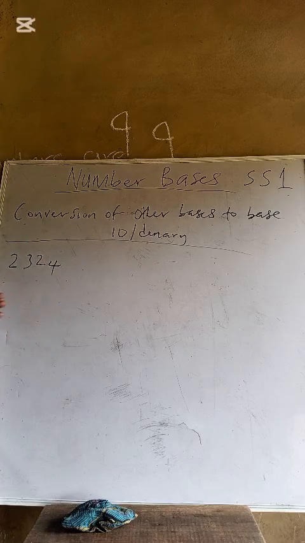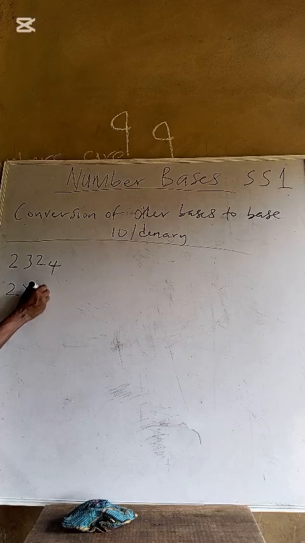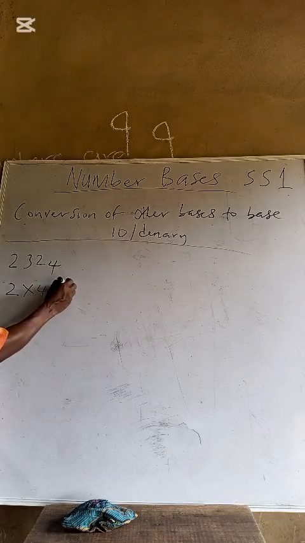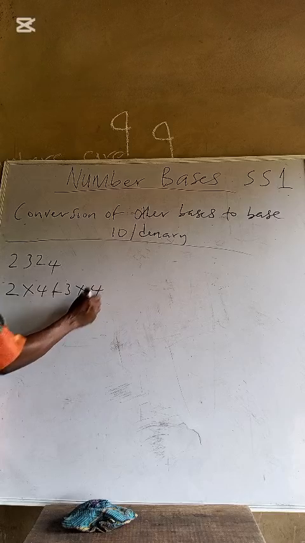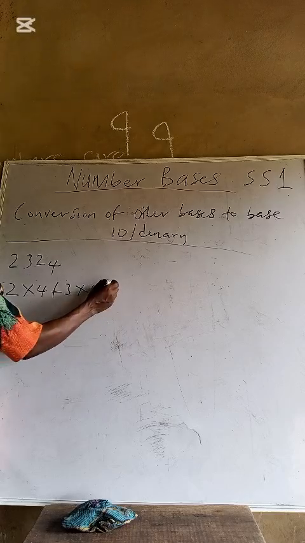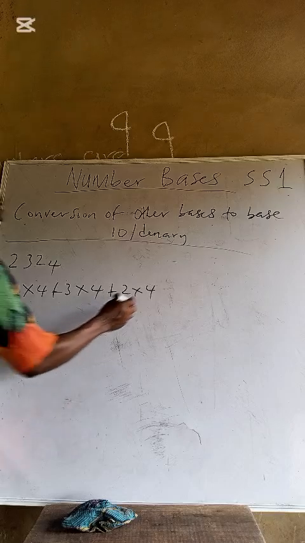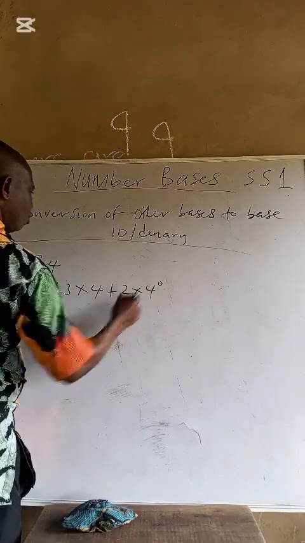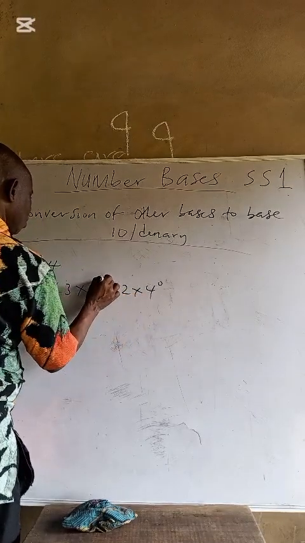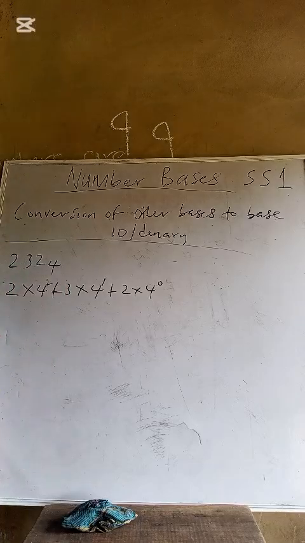What you do is use expanded notation, which is 2 multiplied by this base. We take this 3 times 4, we take this, plus 2 times 4. Now start from 0 from the right: 0, 1, 2.